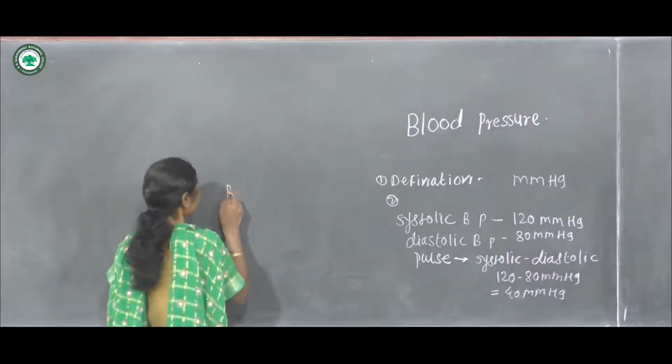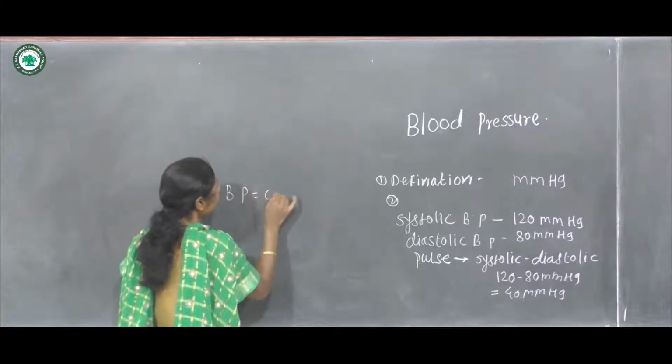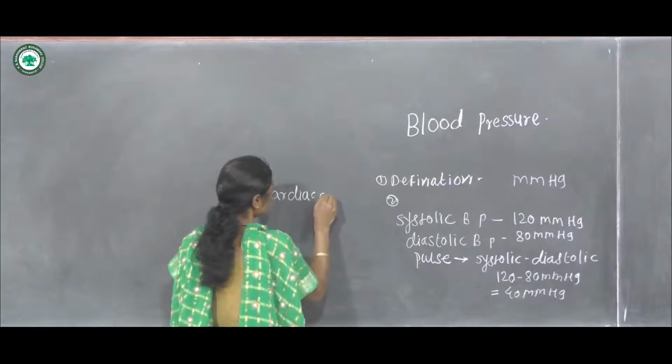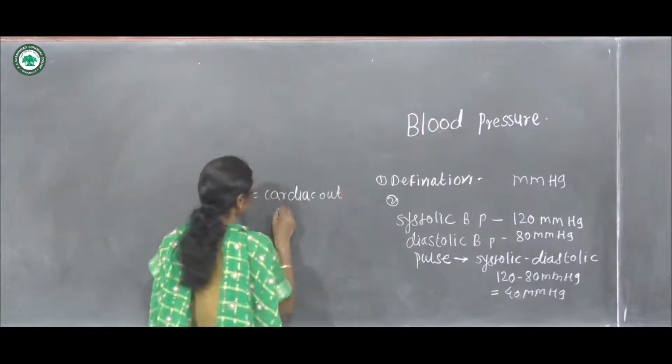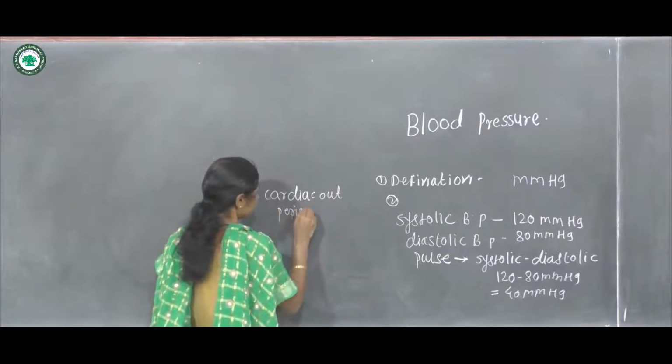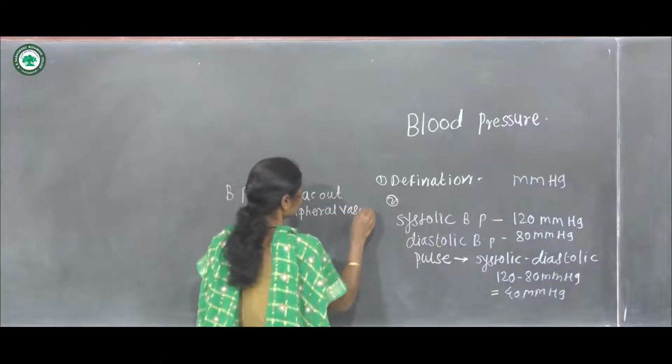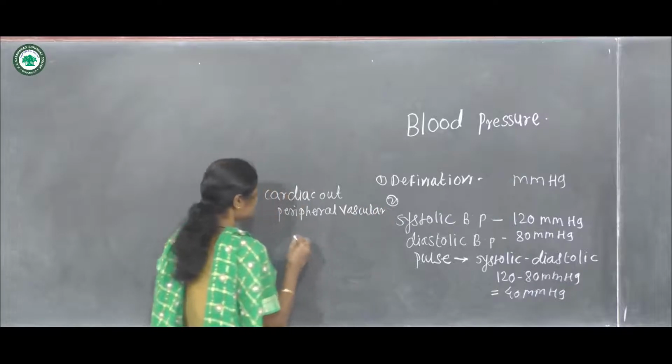Blood pressure depends upon the cardiac output and peripheral vascular resistance.